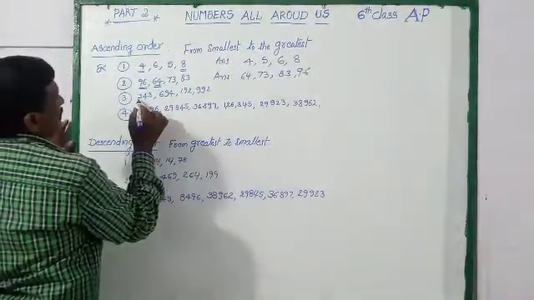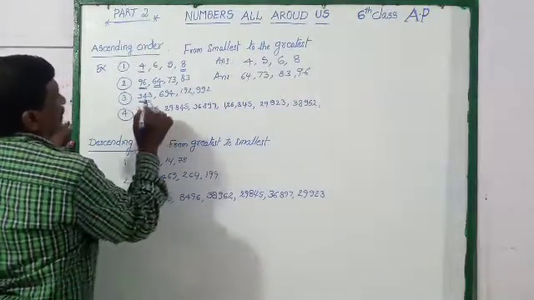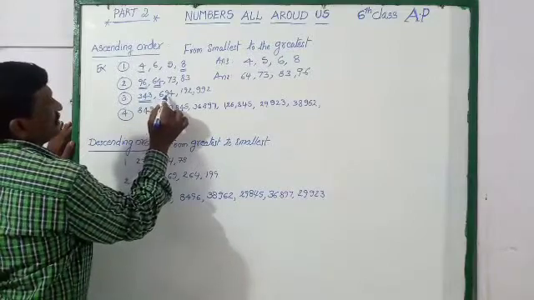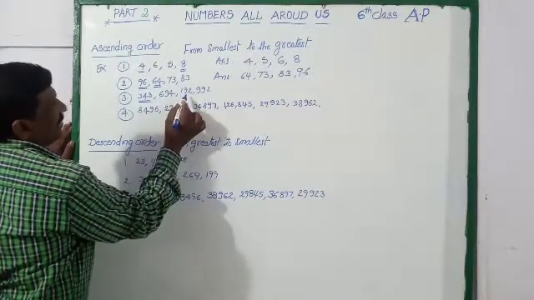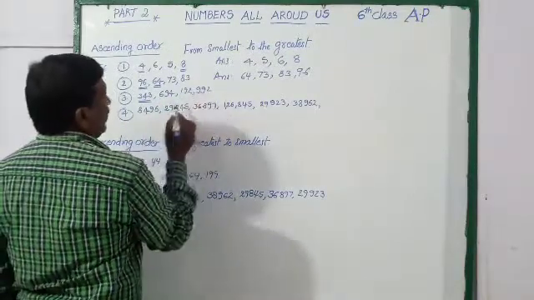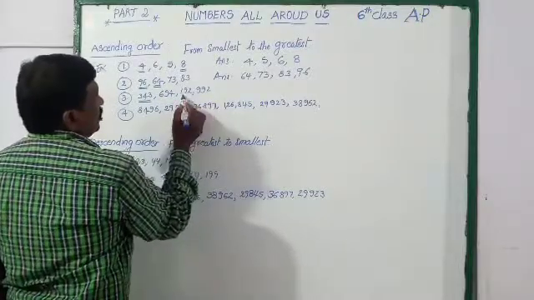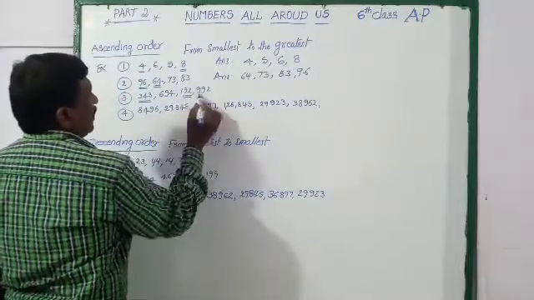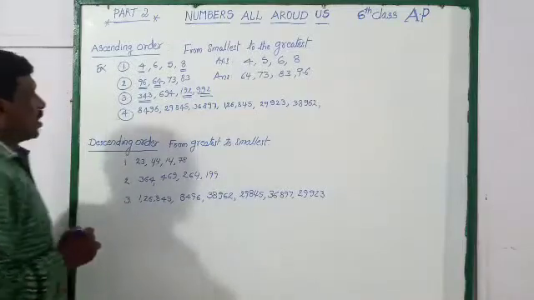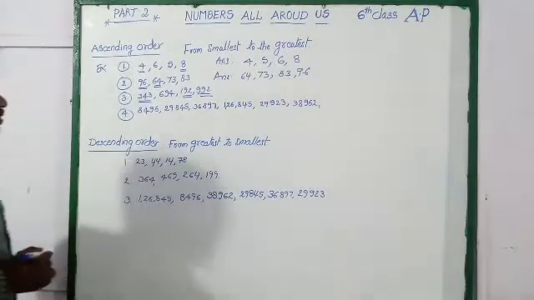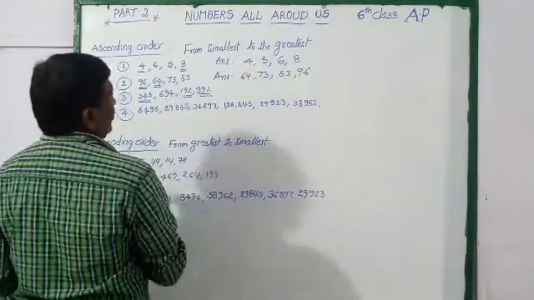Next in this row: 343, 694, 192, 992. Smallest number, greatest number. Smallest is 192, greatest is 992.